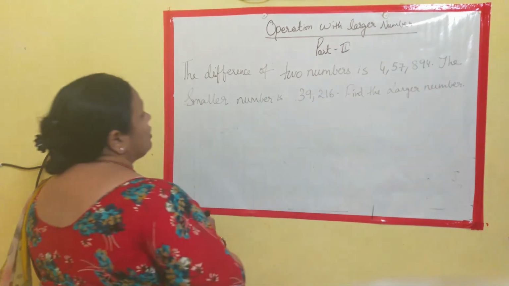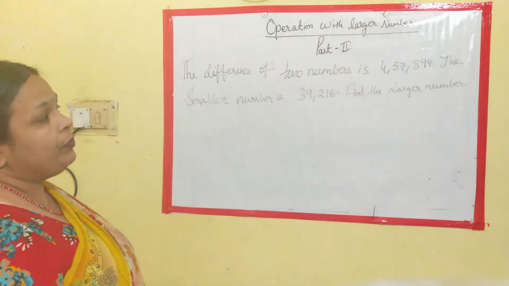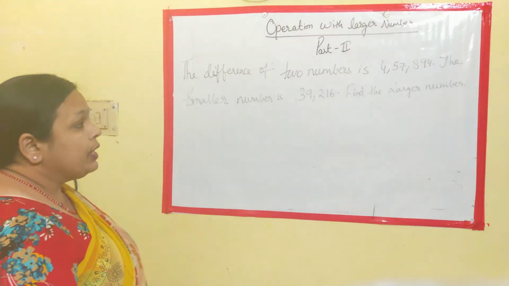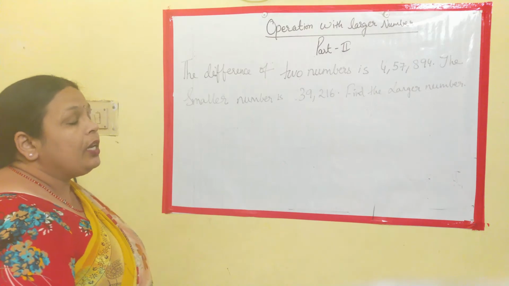The difference of two numbers is 4,57,894. The smaller number is 39,216. Find the larger number.